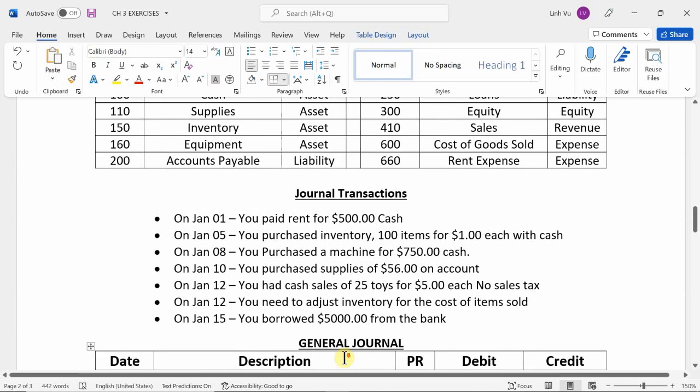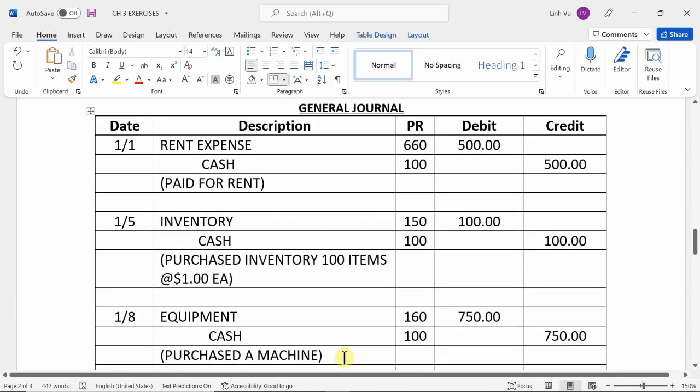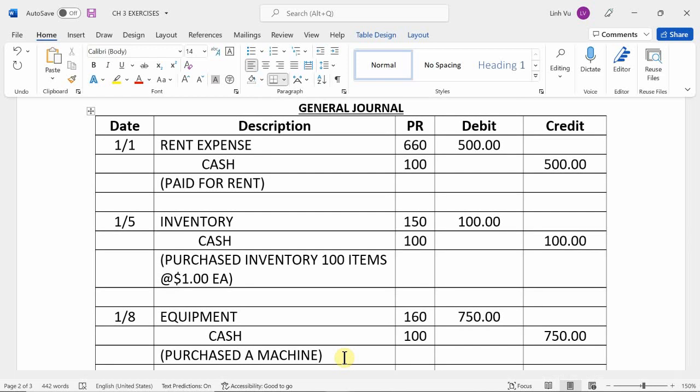So that's good practice. Now, this doesn't stop here. This is going to carry on for the rest of the course because you're learning how to bookkeep. So from here on out, the lessons will be practicing journalizing and why we use specific accounts.